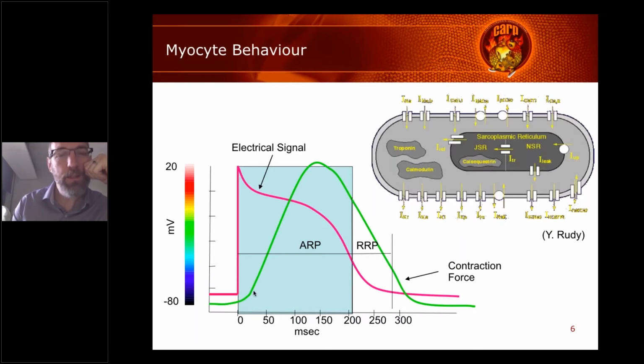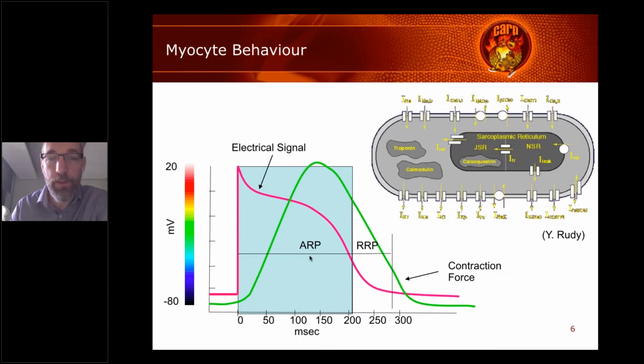The calcium then triggers the binding of troponin and myosin and actin, and you get a contraction, and you see there's a gradual buildup in the contraction force. The contraction, this green line you see, is actually longer than the action potential. So the cell is still producing a mechanical force after the electrical signal is finished.